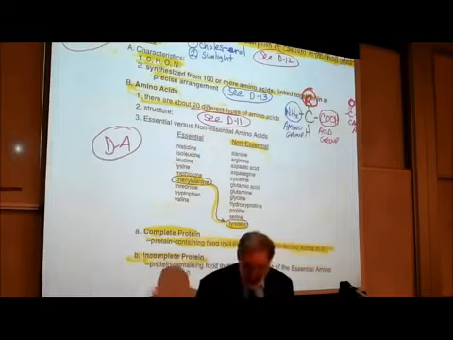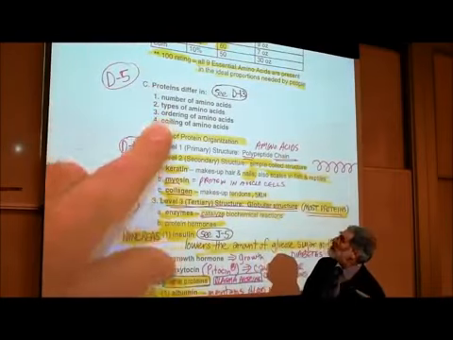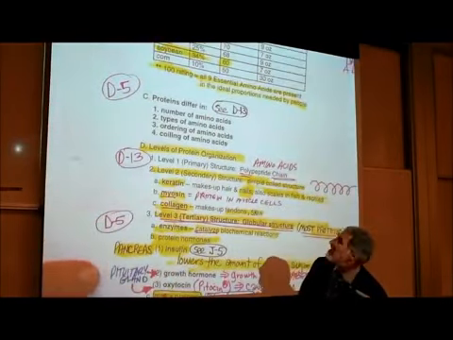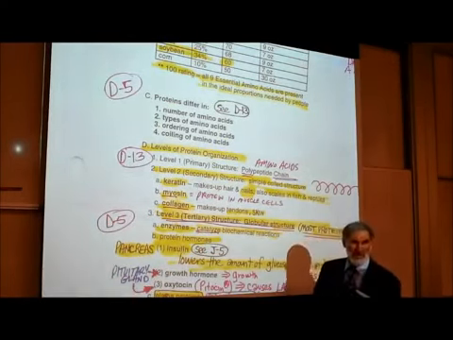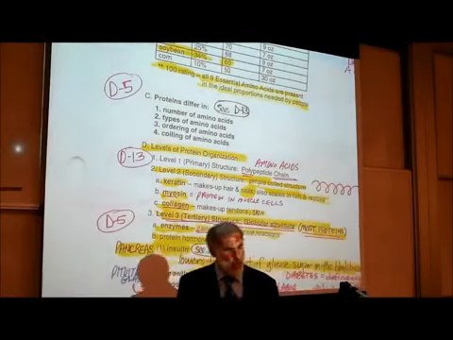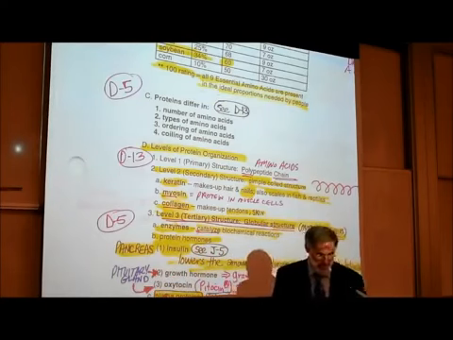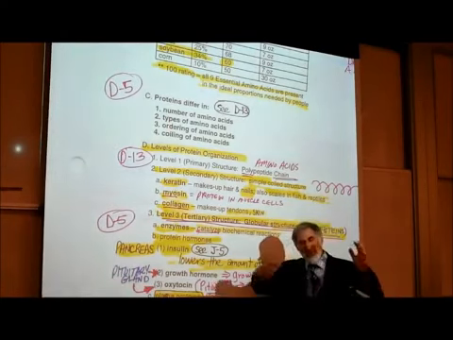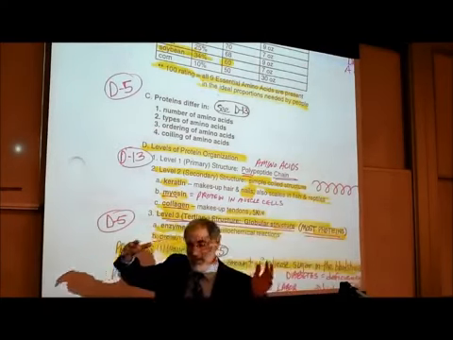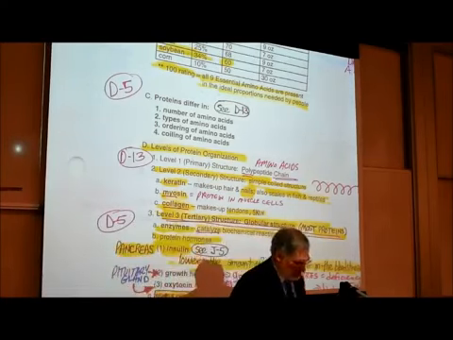On page D5, we wrote that the thousands of different types of proteins that are in our body or in the body of your dog or an elephant or a corn plant or an octopus differ from one another in the number of amino acids. Some proteins might be 50 or 60 or 100 amino acids long. Some might be several hundred amino acids long.